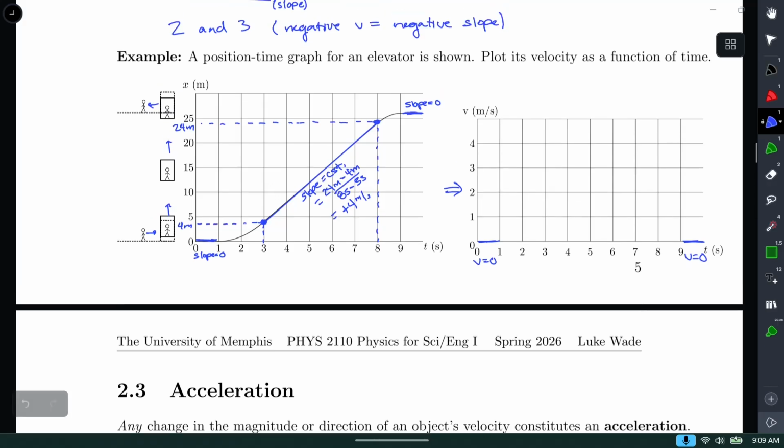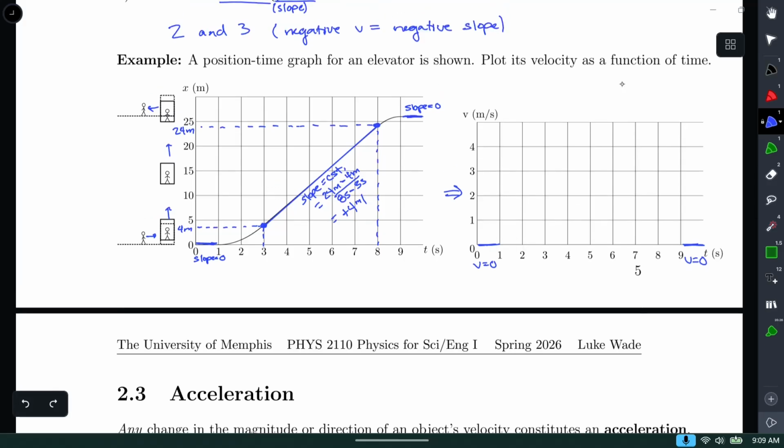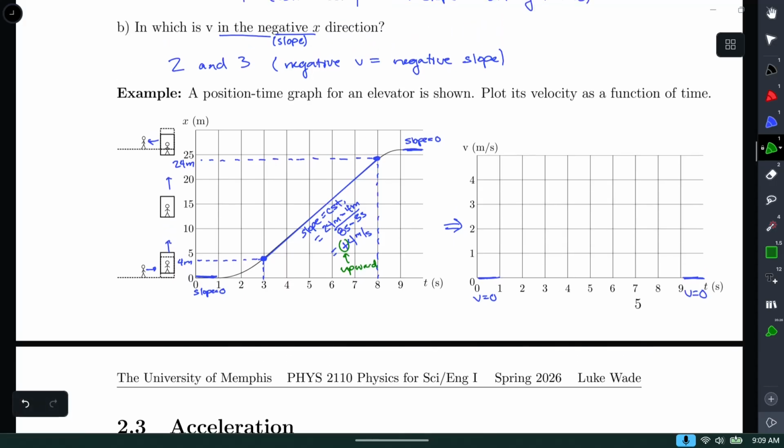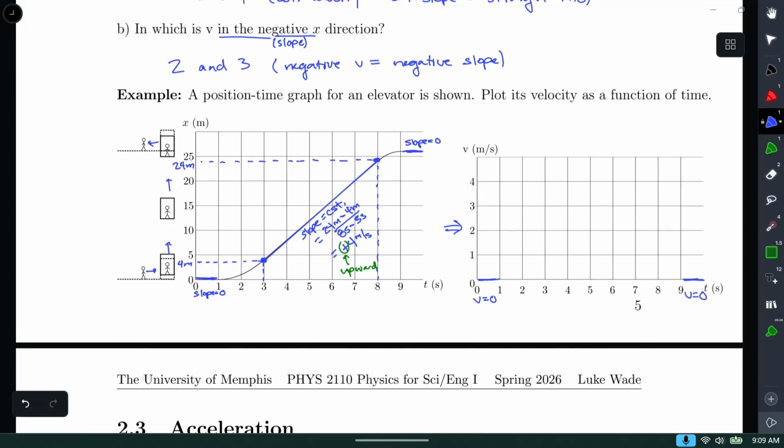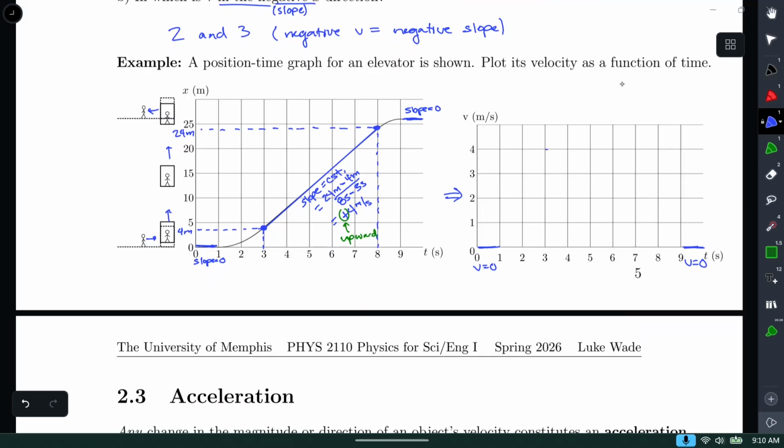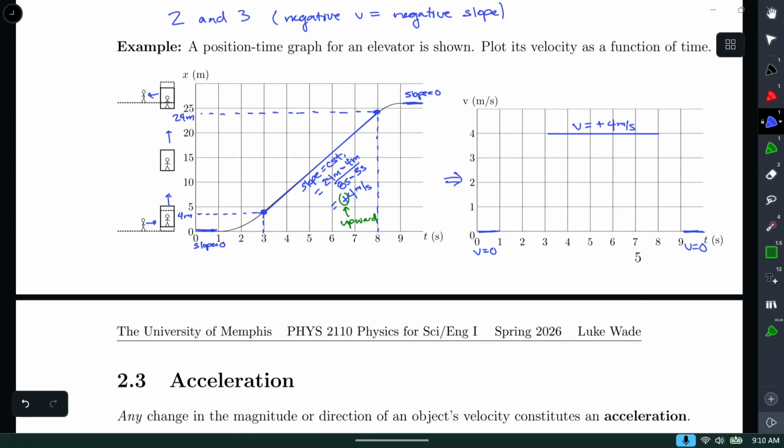And in this case, since I'm using up and down motion, that positive refers to upward motion. It's an elevator, not an east to west type motion here. And so I can put that on my graph. Between 3 and 8 seconds, I am moving at 4 meters per second in the positive direction. All right.